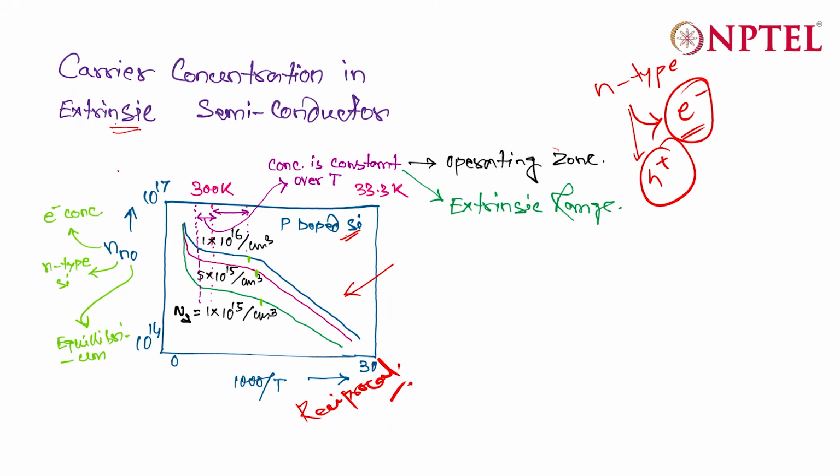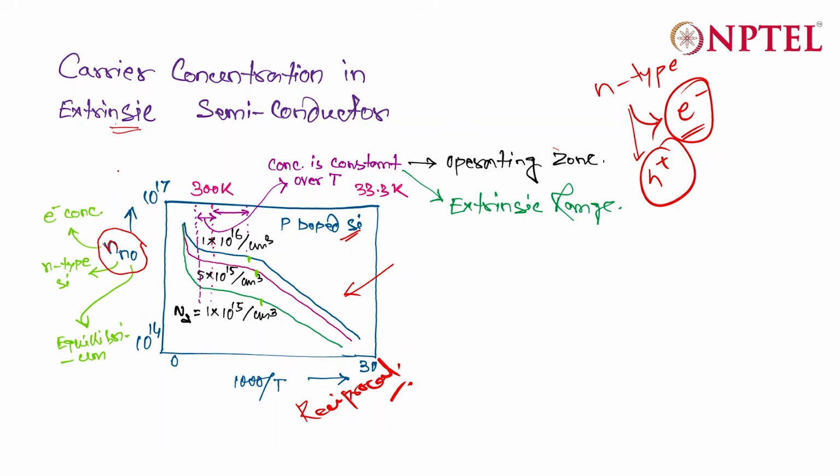So what will be the majority carrier? Electron will be the majority carrier. So we denote it in this way. For an N-type semiconductor, this is n, that is negatively charged carrier, which is electron in this case. So it basically shows electron concentration.